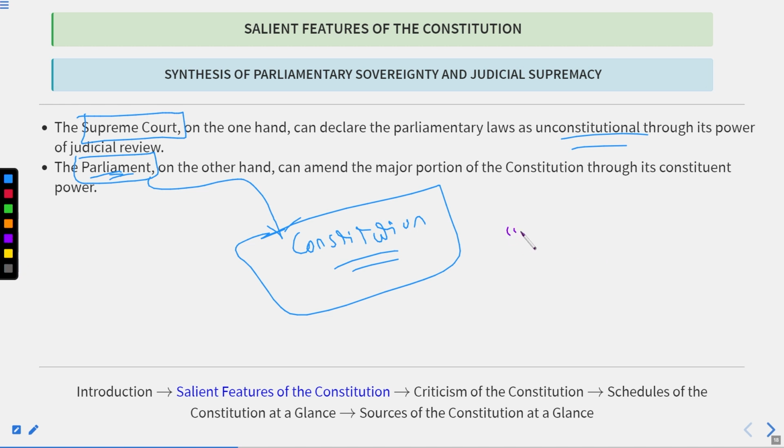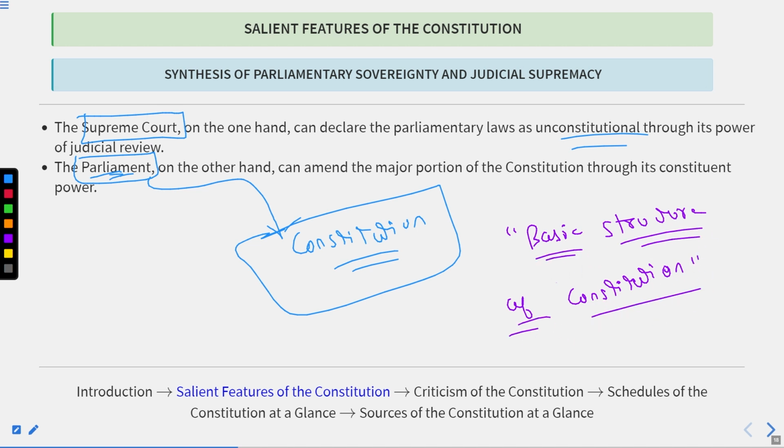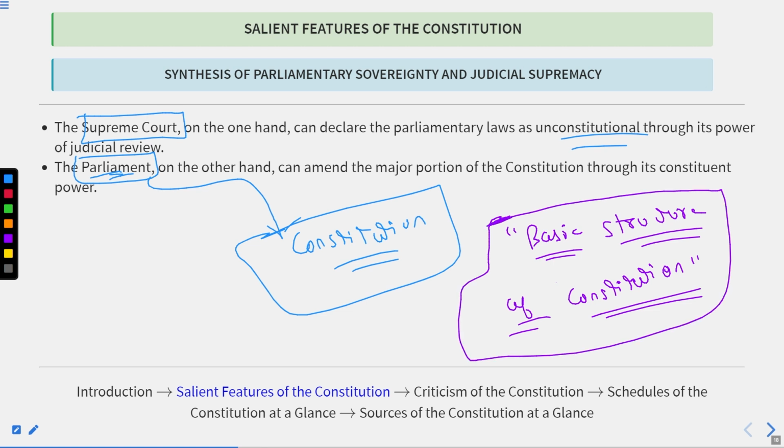But remember, the basic structure of the Constitution could not be hurt. All right, keep this in your mind. The basic structure of the Constitution could not be hurt.